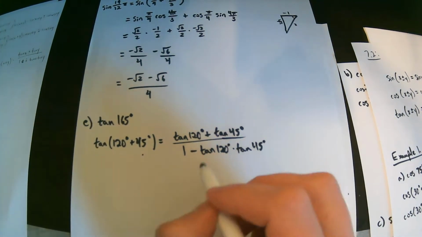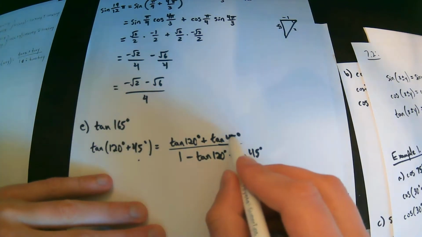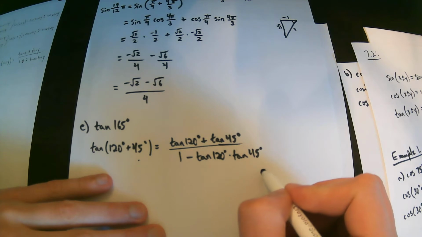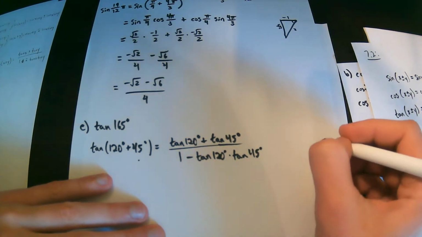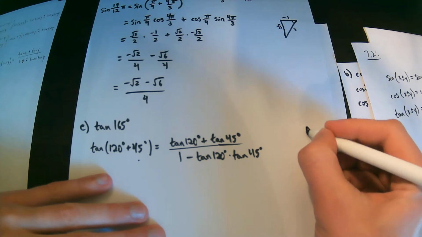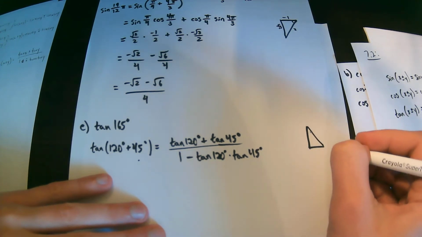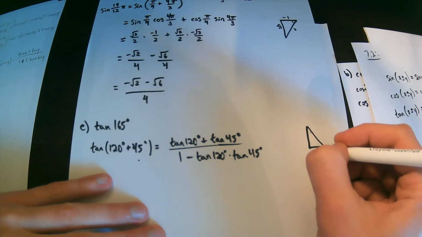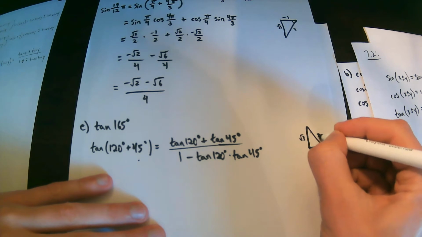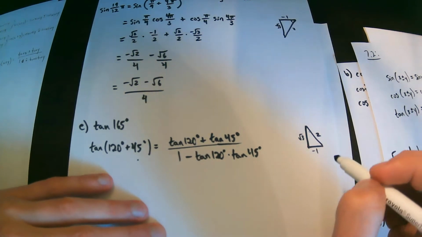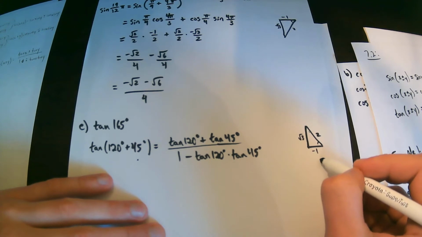So I need to know what each of these are. Let's see, 120 degrees, well, I know tangent of 45 is going to be 1, so these are both going to be 1. But 120 degrees is in the second quadrant, and that's going to be, this side is negative, this side is positive, and my hypotenuse is 2. And tangent of 120 should be opposite over adjacent.